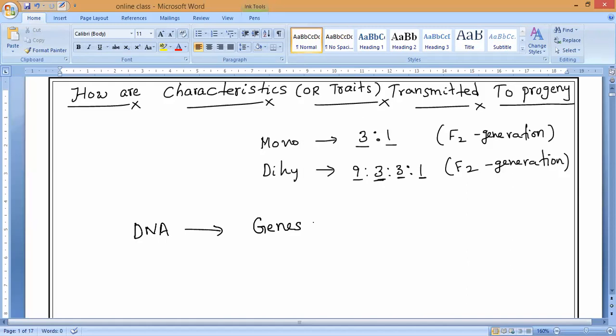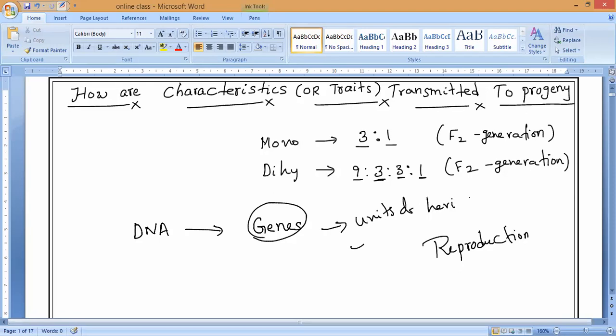That is why we can say genes are the actual units of heredity, which transfer characteristics from parents to their offsprings during reproduction. Yes or no? Do you remember or not? Have you written? So we call genes the units of heredity. You understand, everyone? Units of heredity.